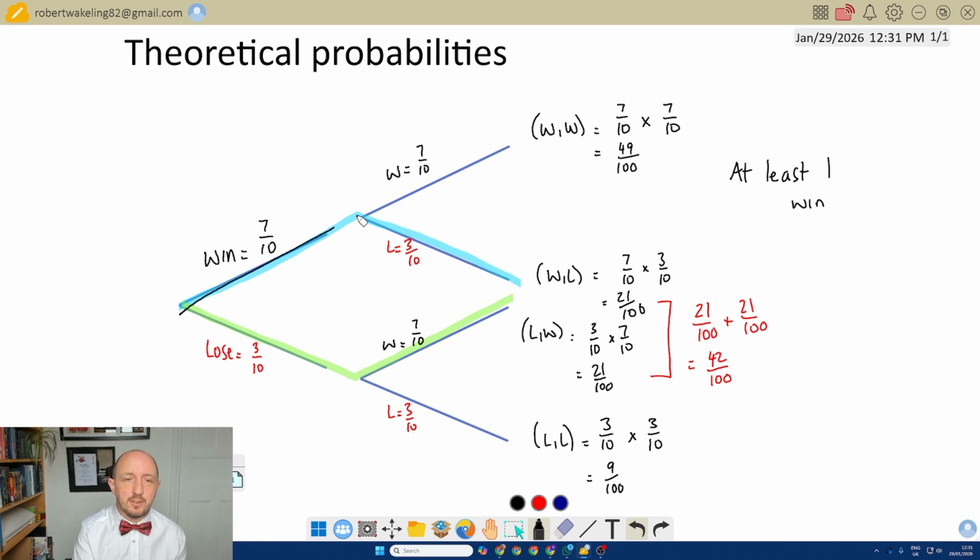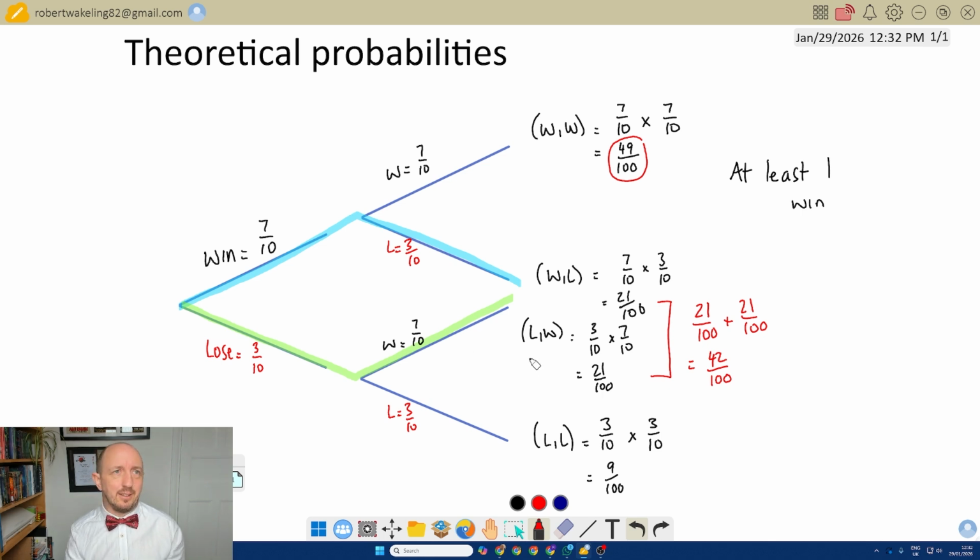Or we could have the top branch as well. Winning both games is winning at least 1 of them. So in that case, we would include this as well. Okay. And we've calculated like 3 branches there.